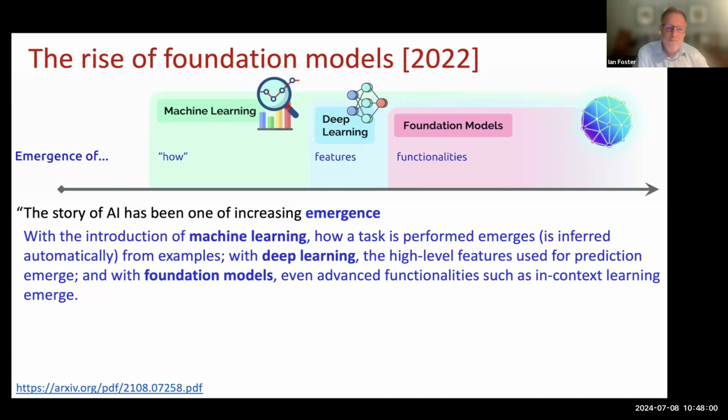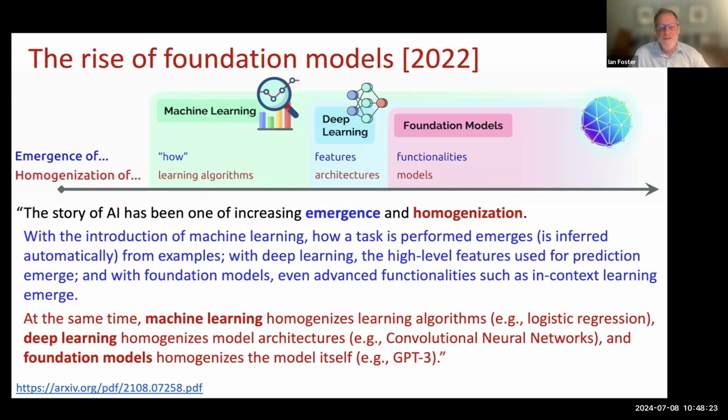And then foundation models, which are basically very large deep learning models with some other interesting features. Even advanced functionality emerges, and I'll explain what in-context learning is in a moment. So that's one difference: foundation model capabilities emerge. And then there's this other fascinating notion of homogenization.